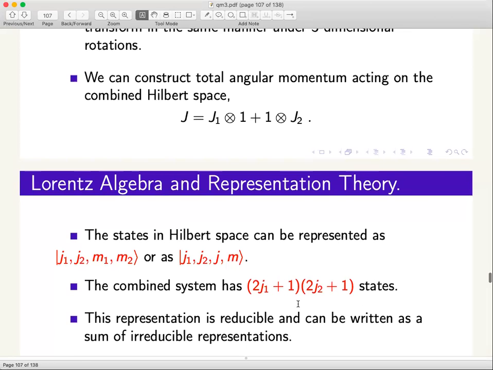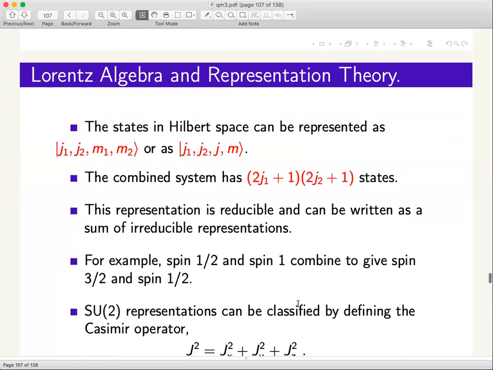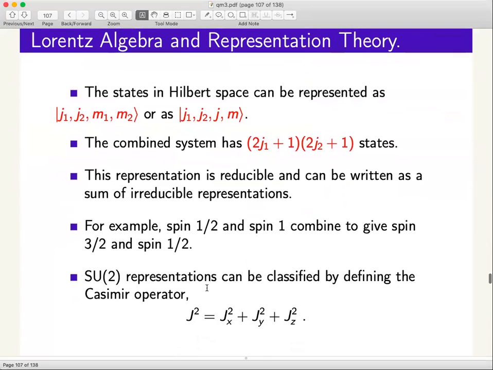That is the constraint on the system. So for example, if you consider a system where you added angular momenta, where one system has spin 1/2 and the other has spin 1, then that setup could combine into a spin 3/2 representation and a spin 1/2 representation. And what you need to show basically, which is what you would have done in quantum mechanics, is that the total number of states here is the same as the total number of states here.